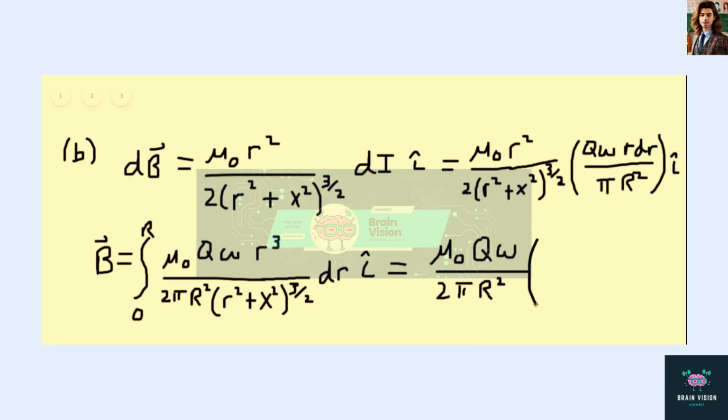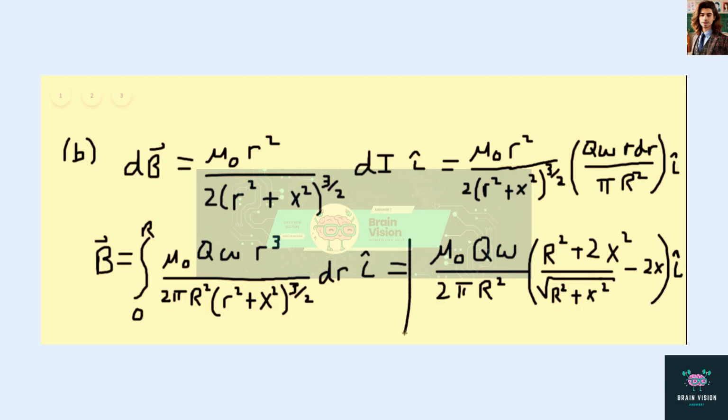And then what was left from the integral, we have big R squared, because remember, it goes from 0 to big R, plus 2x squared divided by the square root of big R squared plus x squared, and then this all gets minused by 2x. And of course, this is still in the I hat direction. Sort of ran out of room a little bit there, but I was able to fit it all in. And we can box that in as our solution for part B.